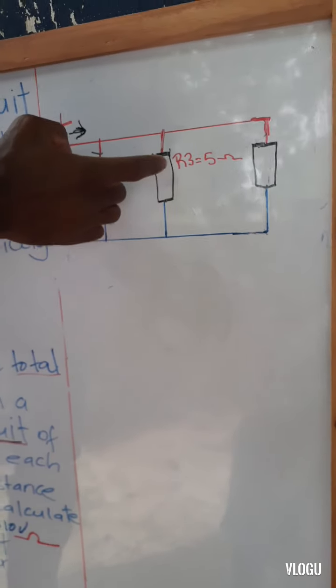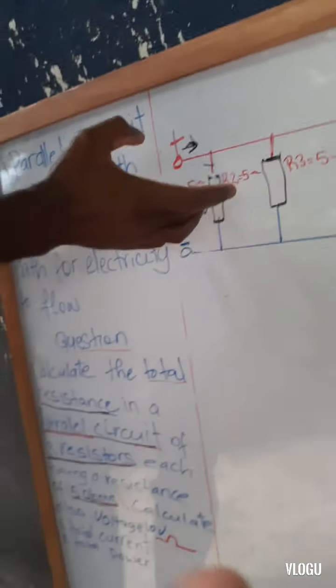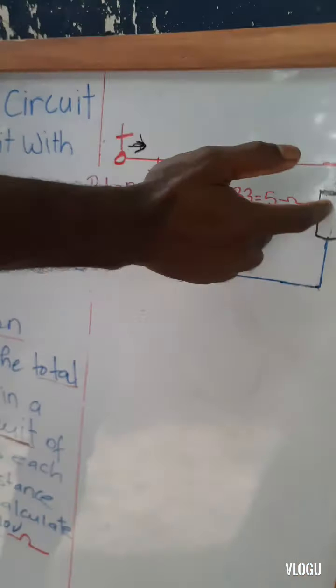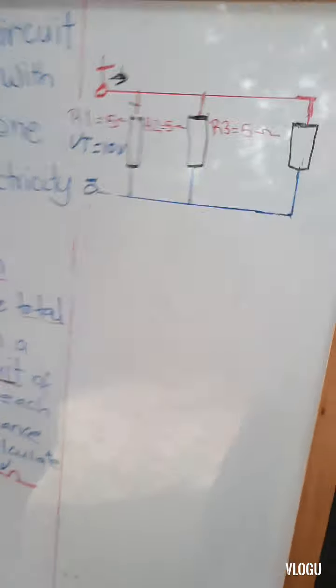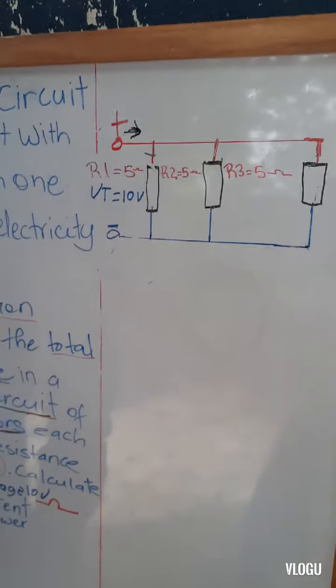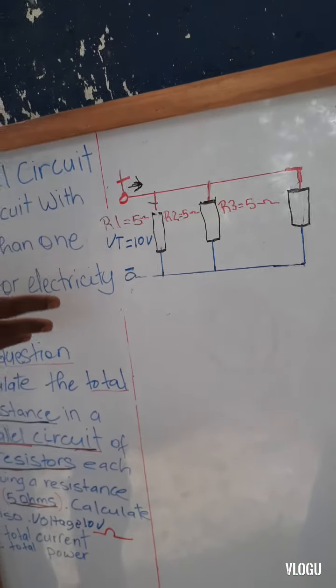So it doesn't depend on the connection of this resistor for this resistor to work. Now this resistor does not depend on the connection of this resistor for this resistor to work. They are all connected independently, and we're going to see that when we look at the flow of electricity in this circuit right here.